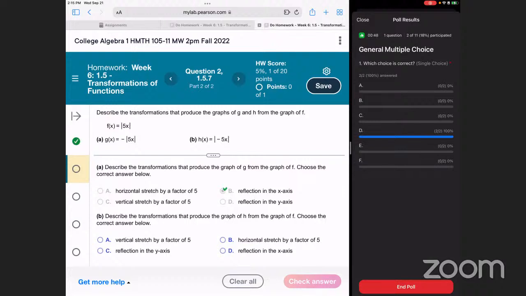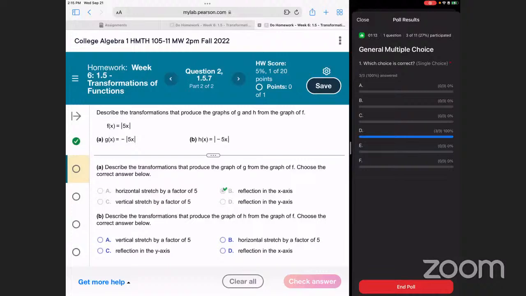So let's see if that pops up for any of them. Part A says that it's a vertical stretch by a factor of 5. We're at 18%. Part B says a horizontal stretch by a factor of 5, okay? C says reflecting in the y-axis, and D says reflecting in the x-axis, okay? So remember, for part A, we multiplied the outside and it caused a vertical change.